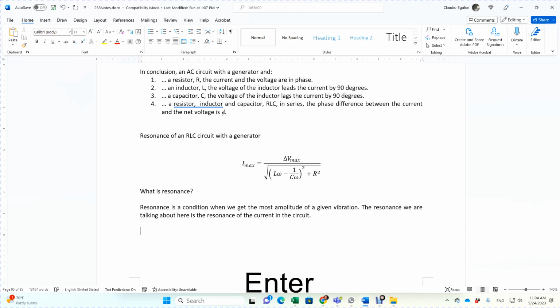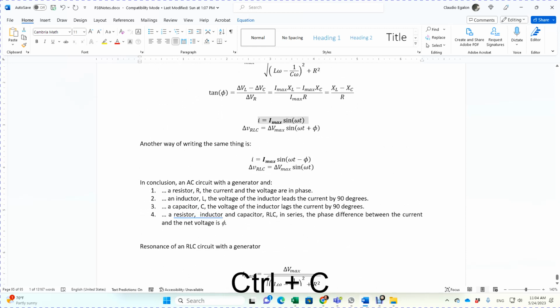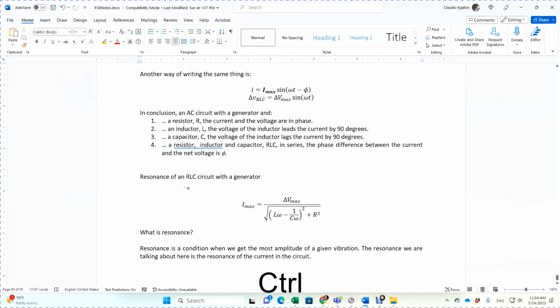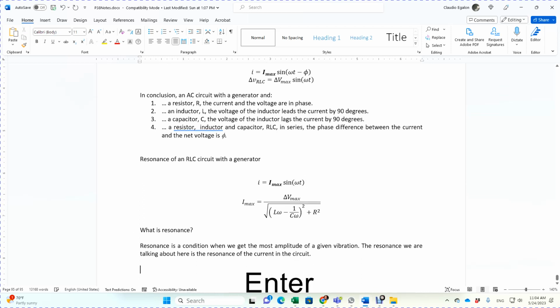So again, I'm going to copy this one and place it right here. We want to maximize this value to reach the resonance, and there is a way to do that.